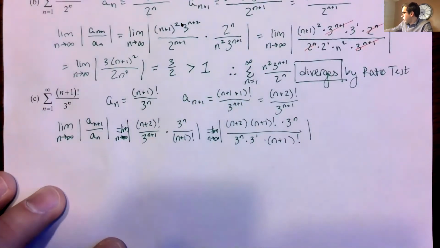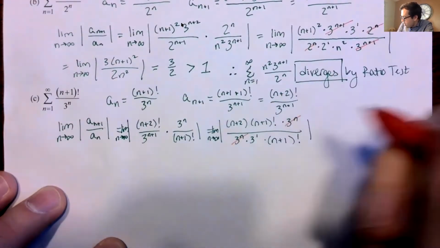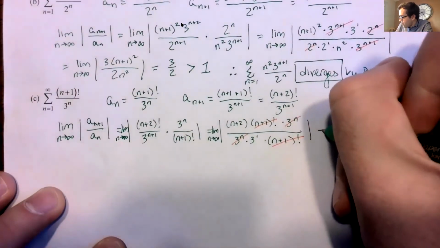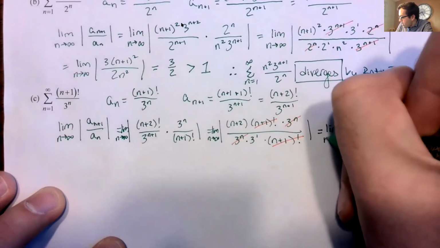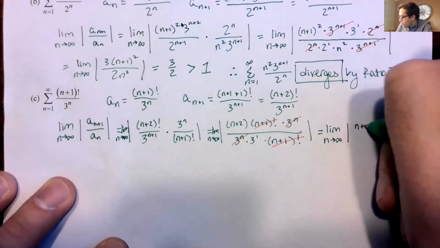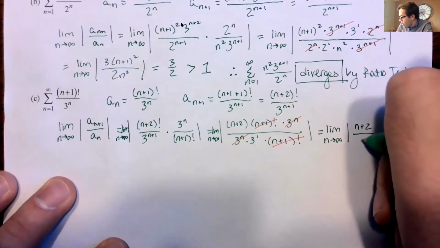Okay, so what cancels here? The 3 to the n's can cancel, and the n plus 1 factorials can cancel. So we end up with the limit as n approaches infinity of n plus 2 over 3.